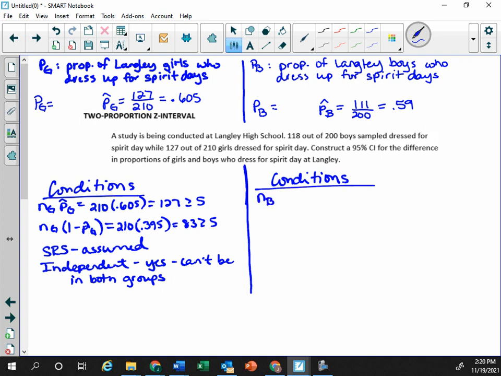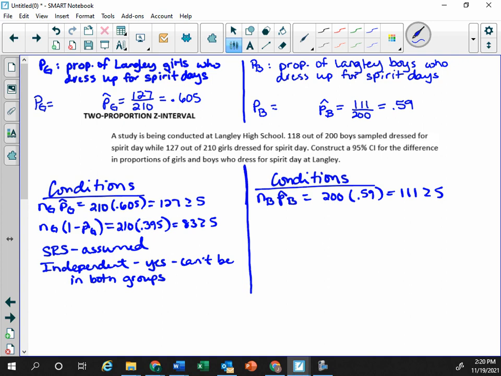n sub b times p hat sub b times 118, not 111. Definitely greater than or equal to 5.